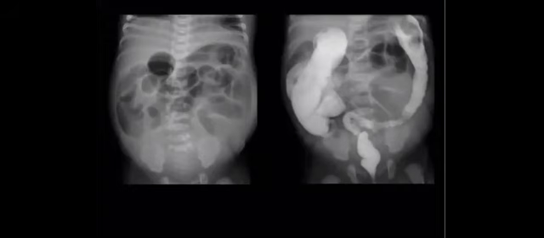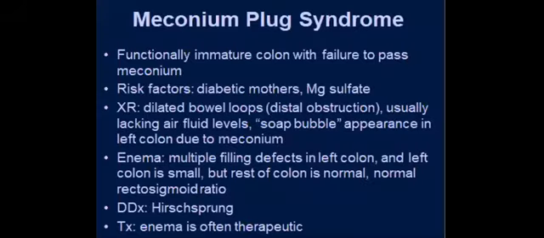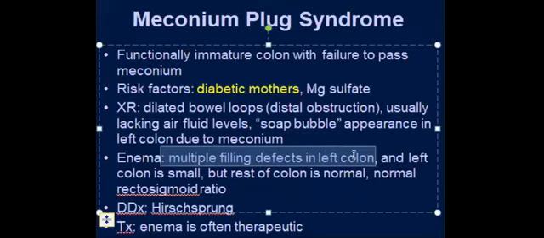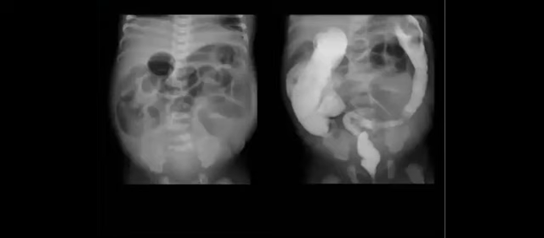So it is meconium plug syndrome. A functionally immature colon, and don't forget we already mentioned the diabetic mother. Multiple filling defects in the left colon, the rest is normal. Unused left colon.